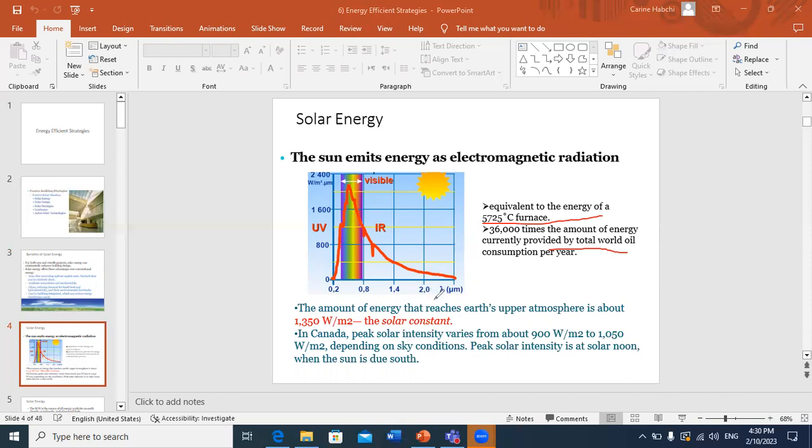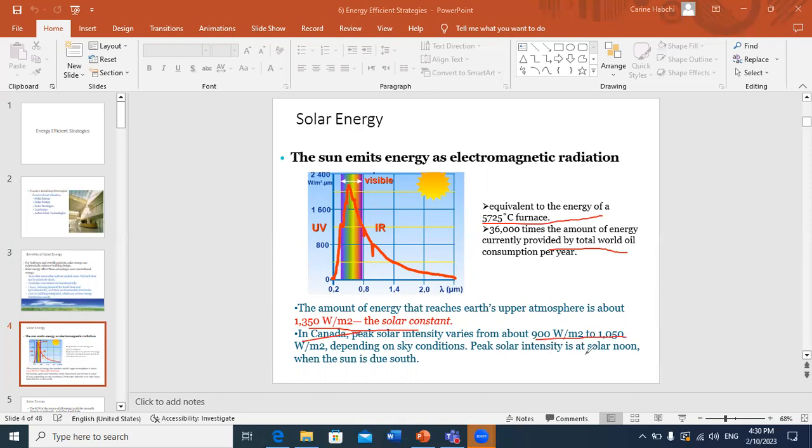The amount of energy that reaches Earth's upper atmosphere is nearly 1,350 watts per meter squared, which is called the solar constant. In Canada, the peak solar intensity varies from about 900 watts per meter squared to 1,050 watts per meter squared, depending on sky conditions. You know that Canada is one of the cold countries, and even for this cold country, we have a considerable amount of solar energy.